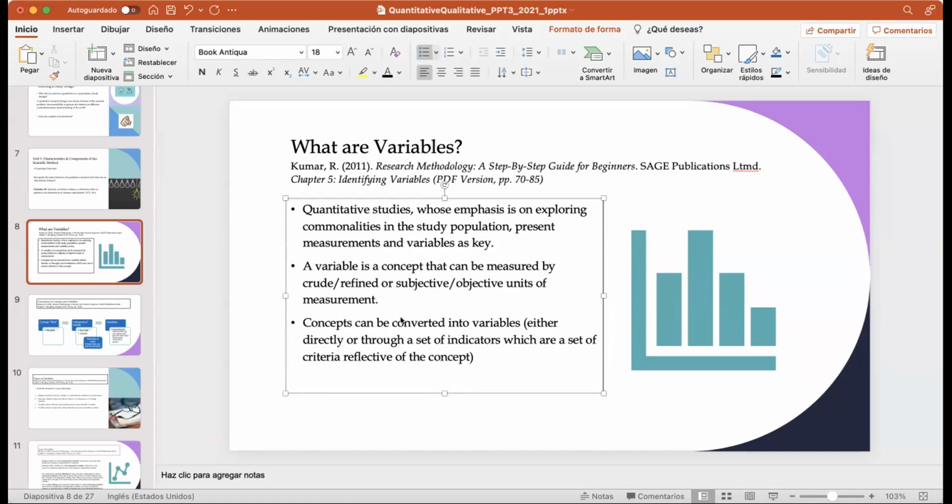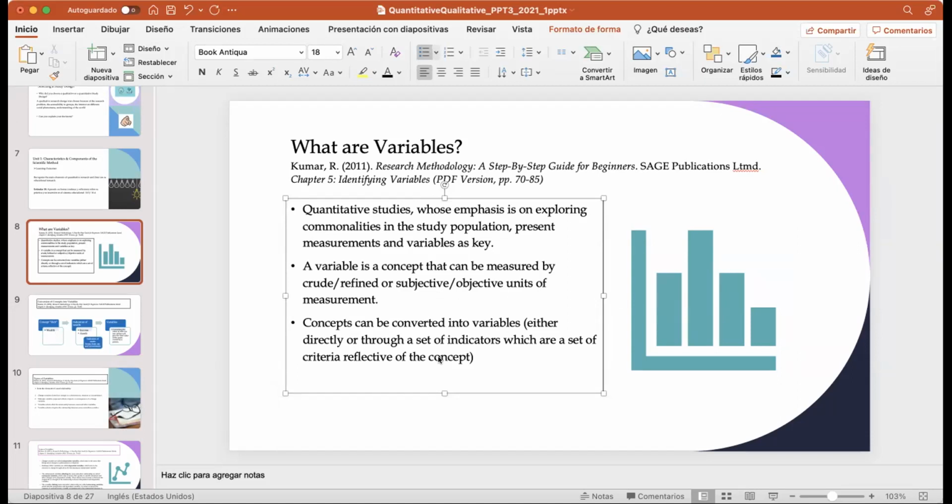Concepts can be converted into variables, and Kumar discusses this a lot in the chapter, how concepts can be converted into variables, either directly or by a set of indicators, as we are going to see in the next example, which are a set of criteria reflective of the concept.